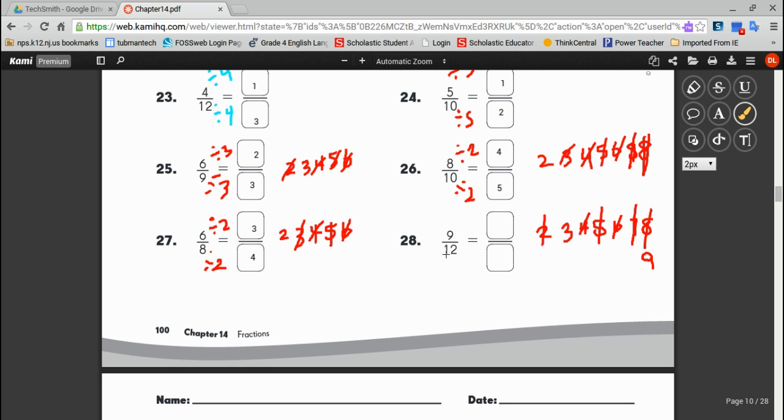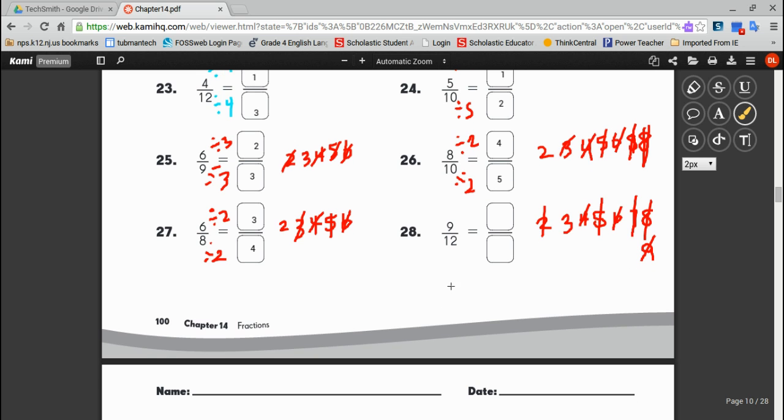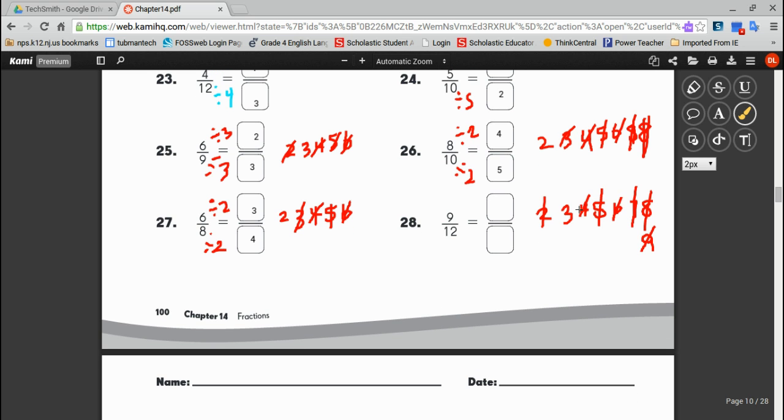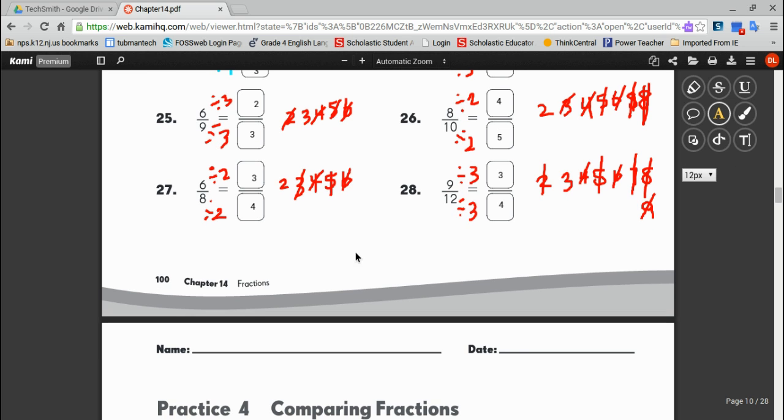And 9 divided by 9, oh, that works, but 12 divided by 9 does not work. Alright, so here we go. I know I want to divide the top by 3 and the bottom divide by 3 as well. So 9 divided by 3 is 3. And 12 divided by 3 is 4. Okay, and that's page 100.